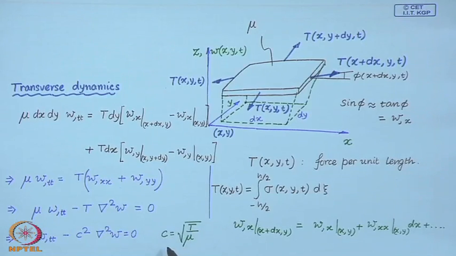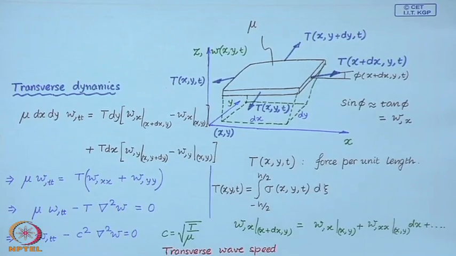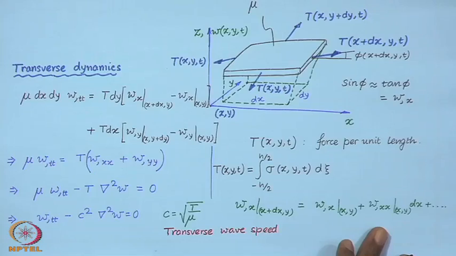So, this is the speed of transverse waves in the membrane. So, this is the transverse wave speed in the membrane.